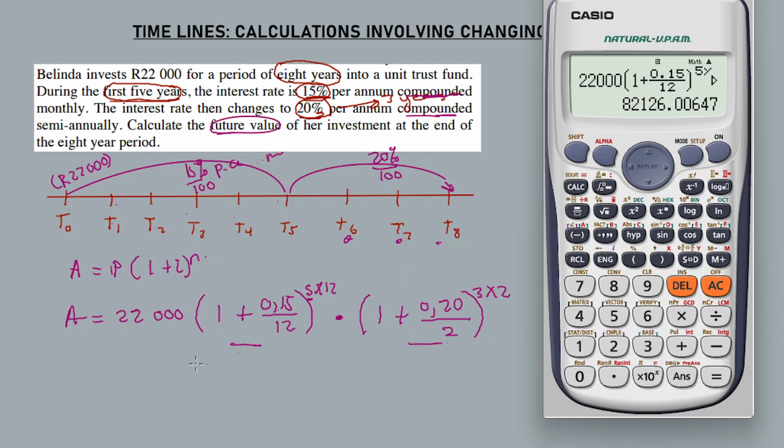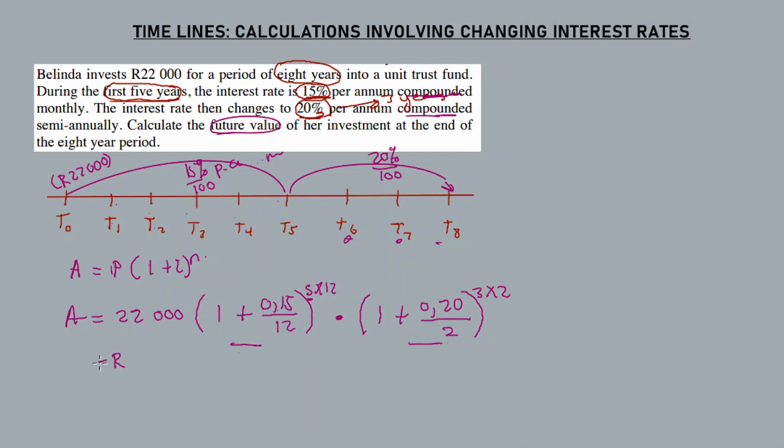Answer: 82,126.001, in 2 decimal places. So this is our answer.